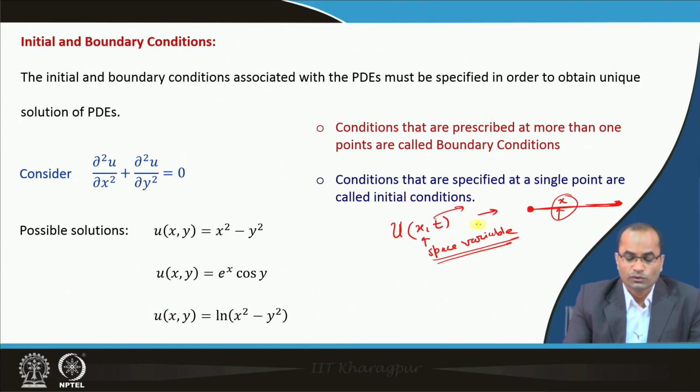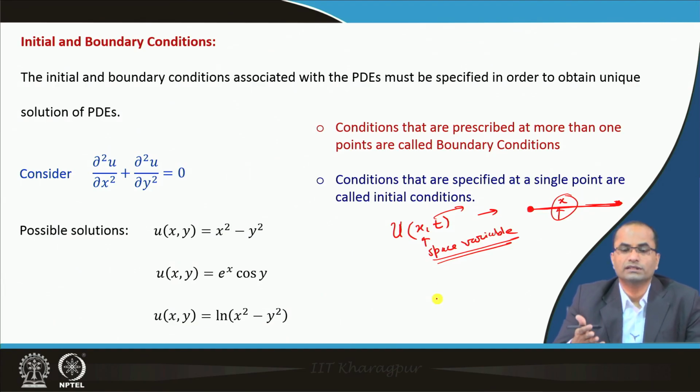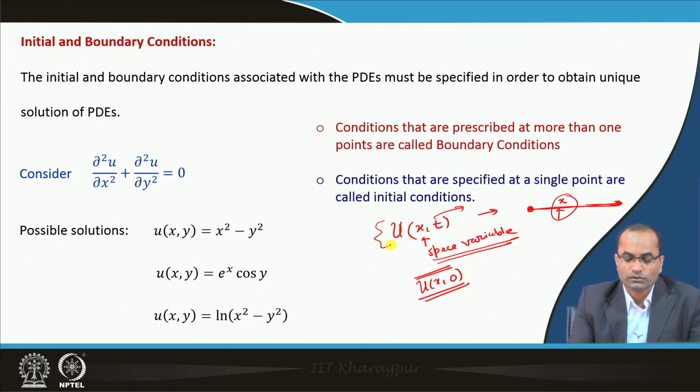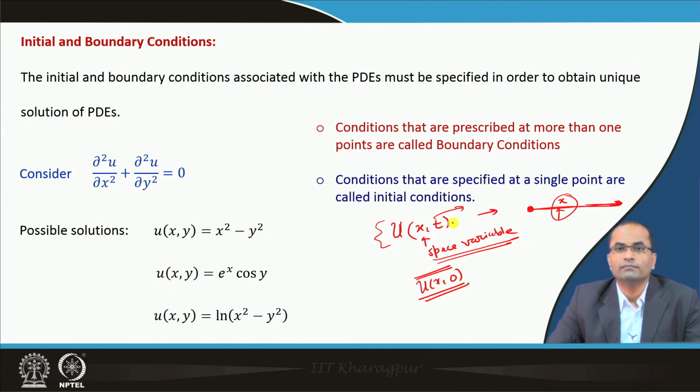There are two types of conditions prescribed here: initial and boundary conditions. The initial conditions mean that, with respect to time, u must be prescribed at 0. In many cases, when the variable appears as a second order derivative with respect to time, we have to have two conditions initially: one will be u(x, 0), and another one will be the derivative condition again at t equal to 0.